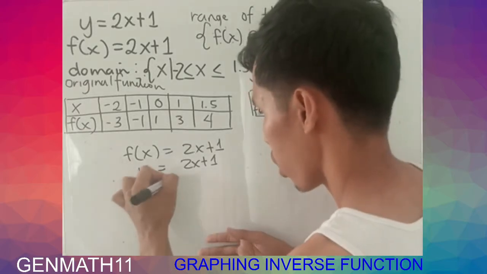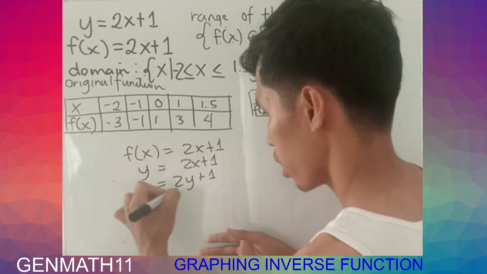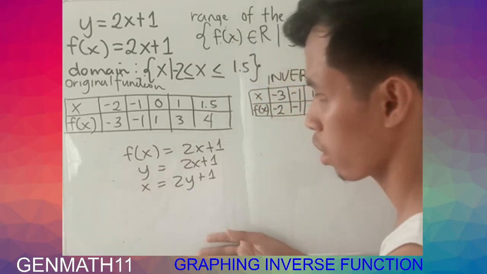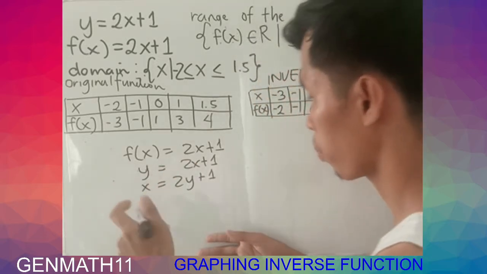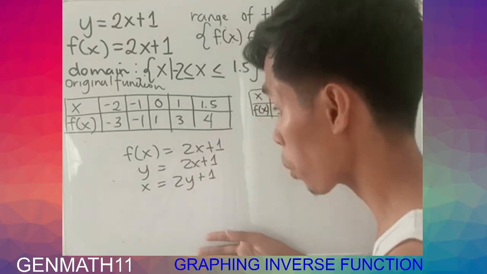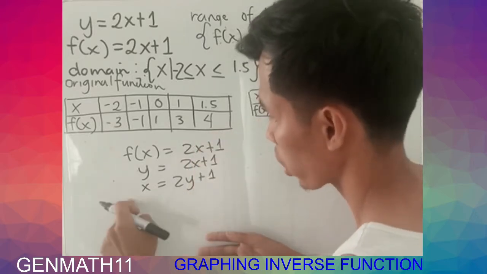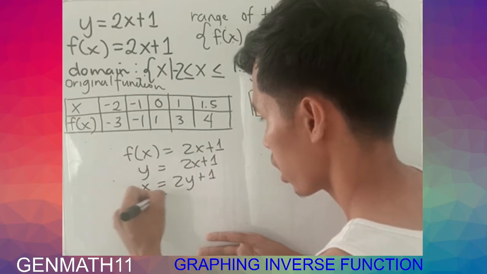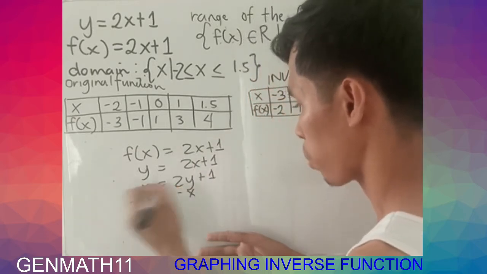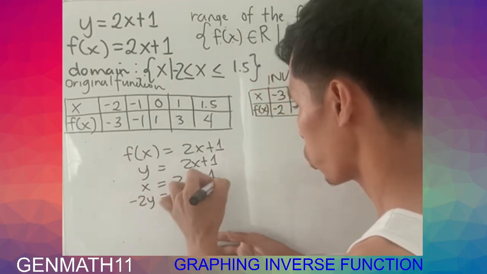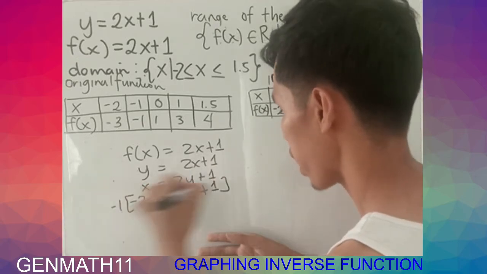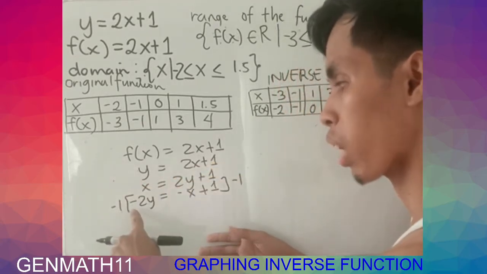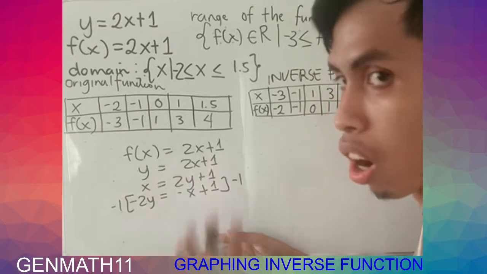So, x equals 2y plus 1. Then, transfer or tawag dito, transpose. So, tatranspose natin si 2y dito, magiging negative 2y. Then, sa kabila, magiging negative x naman siya pag nilipat. Then, we need to multiply both sides by negative 1 in order to cancel out the negative sign of the y.